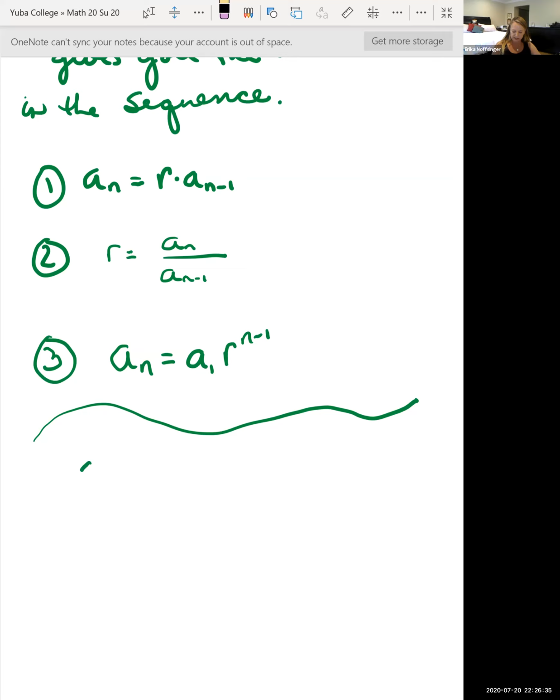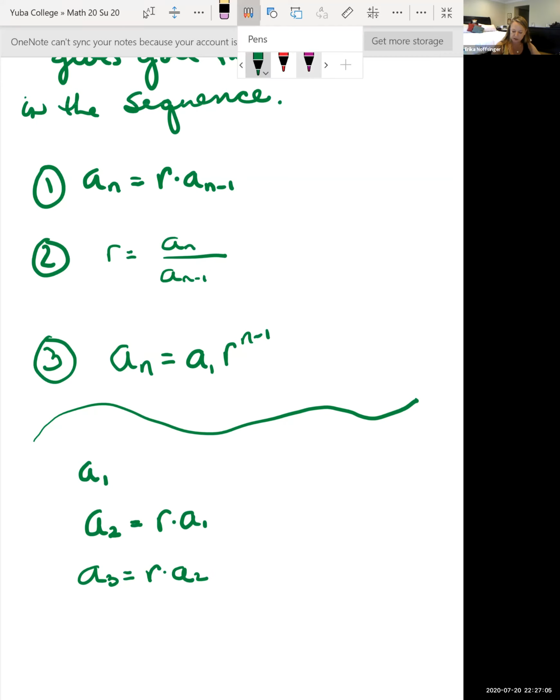So let's look at the definition. We have our first term, and by definition, a sub 2 is equal to R times a sub 1. It's equal to some constant times the term right before. A sub 3 is equal to some constant R, the same constant as before, times the term right before, which is a sub 2. So I'm going to do the same thing I did before, I'm going to use substitution.